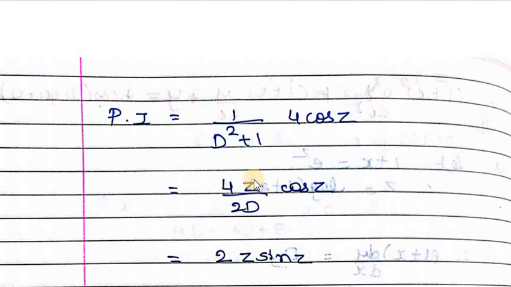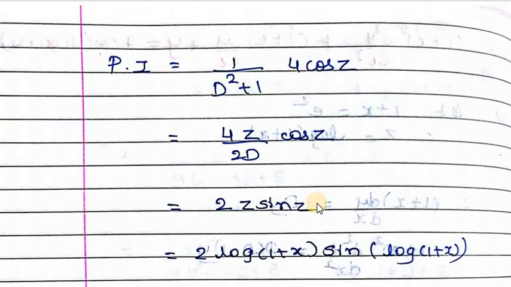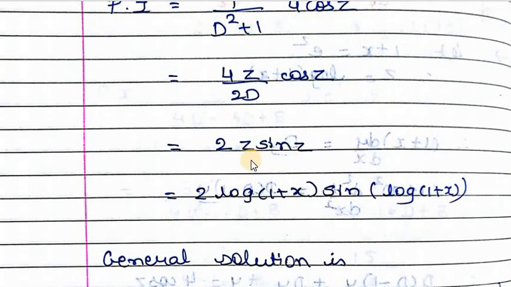Now 4 by 2 is 2. z will be as it is, and 1 over D, that is integration. So integration of cos z, answer is sin z. So PI is 2z sin z, but we will replace z by logarithm of 1 plus x. This 2 will be as it is, into sine of, replacing z by logarithm of 1 plus x.